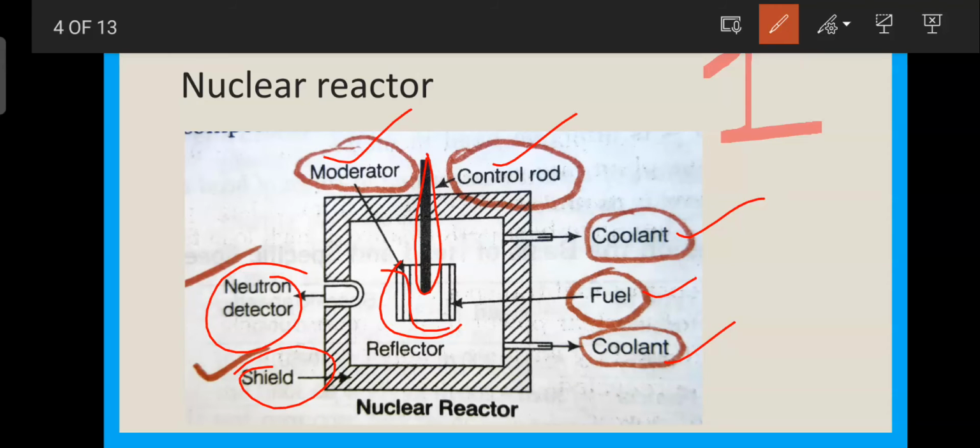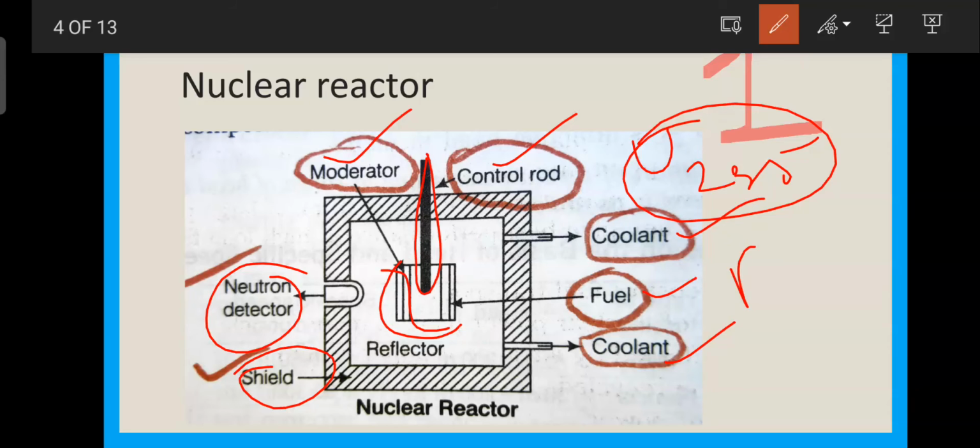So what is the working of the nuclear reactor? In the nuclear reactor, uranium 235 is used as the fuel rod. This is subjected to nuclear fission, and by the fission process the reaction occurs. By this reaction 200 mega electron volt of energy will be released.